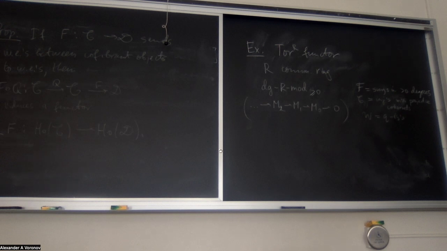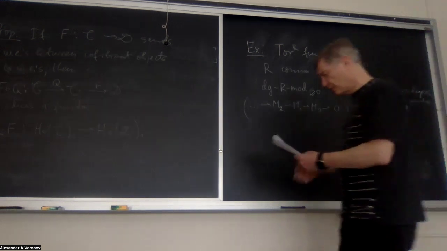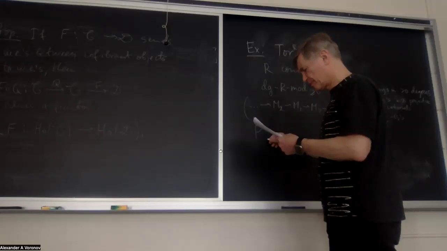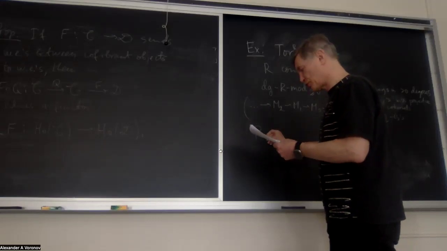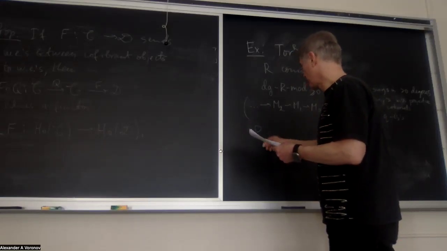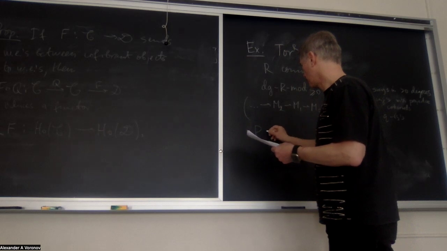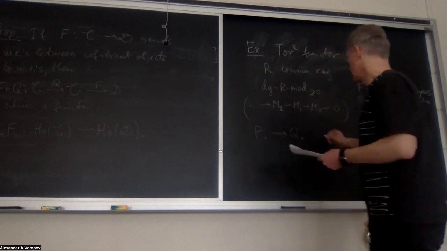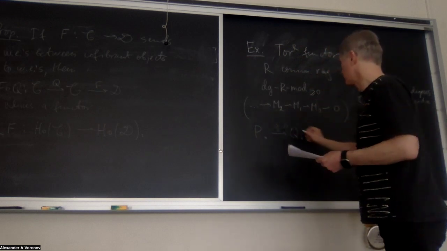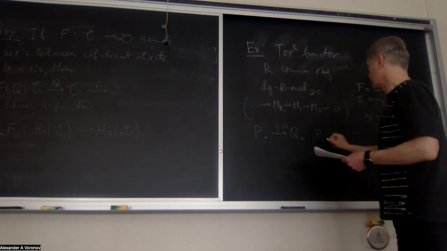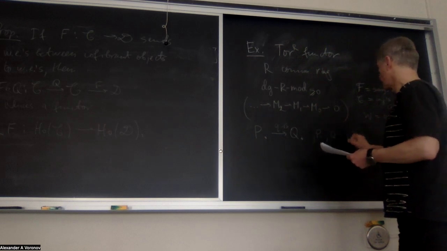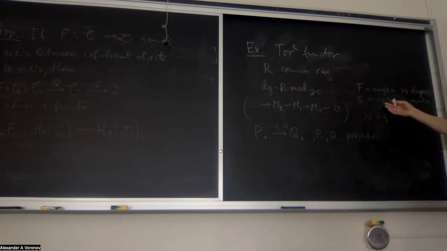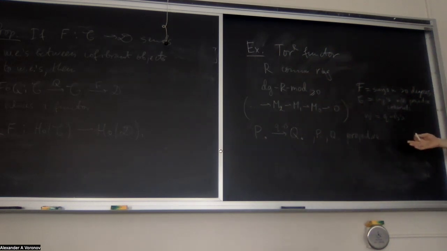And so in this case, if you have a quasi-isomorphism of projective complexes, P dot, Q dot, being projective complexes, it means that these are cofibrant objects.